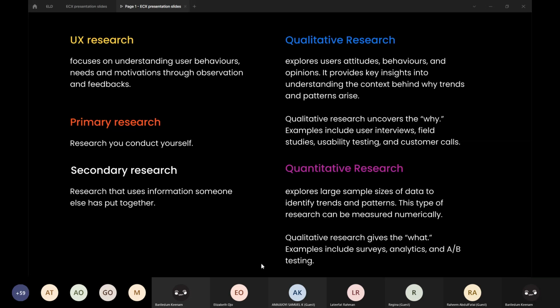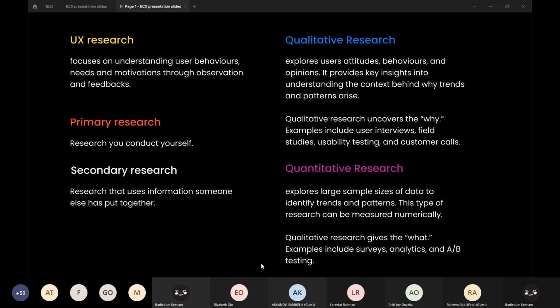Qualitative research is based on interviews, where you focus on small groups or number of users and understand their needs in greater detail. Qualitative research uncovers the why. Examples of qualitative research include user interviews, field studies, usability testing, and customer calls.